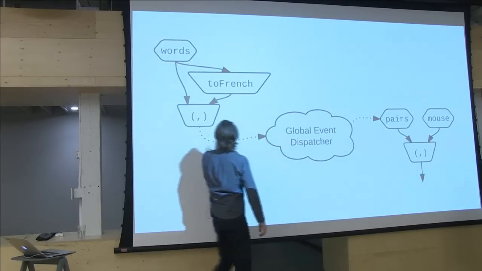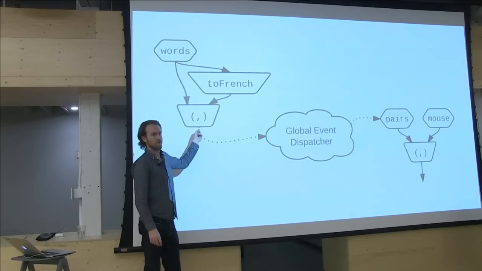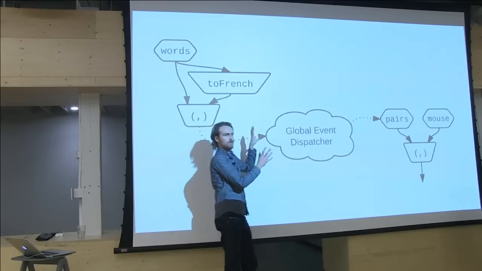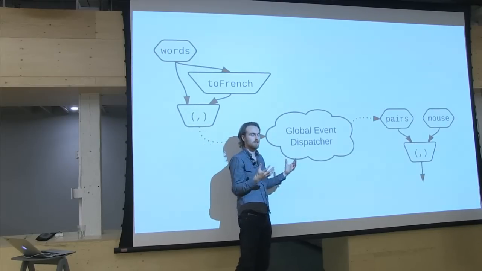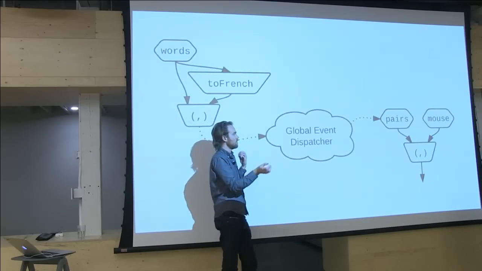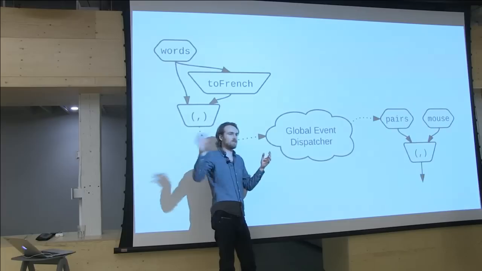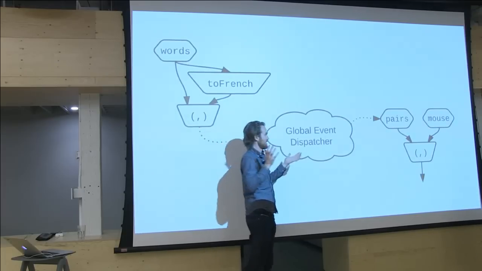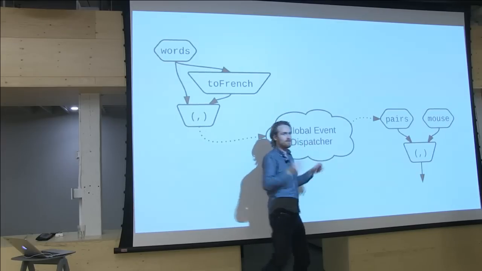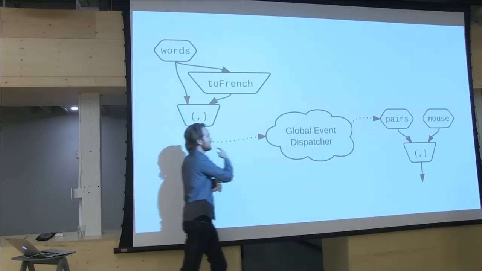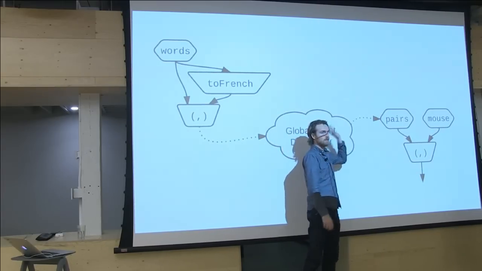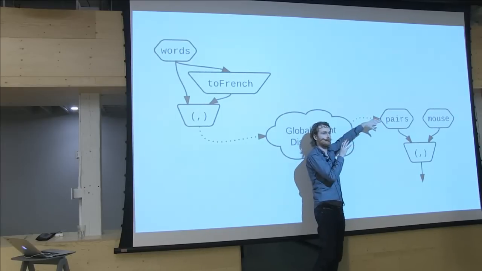So every time this comes with an output, which is going to be slow, we go back into the world of asynchrony where we lose the determinism guarantees, but we don't actually care about them in this case, because the mouse position doesn't have anything to do with French. Whenever it happens to finish, it goes back to the dispatcher, which then broadcasts an event to all of the inputs again.